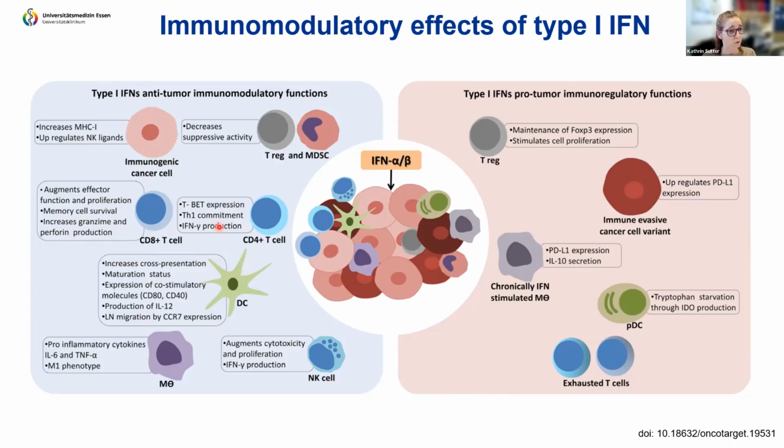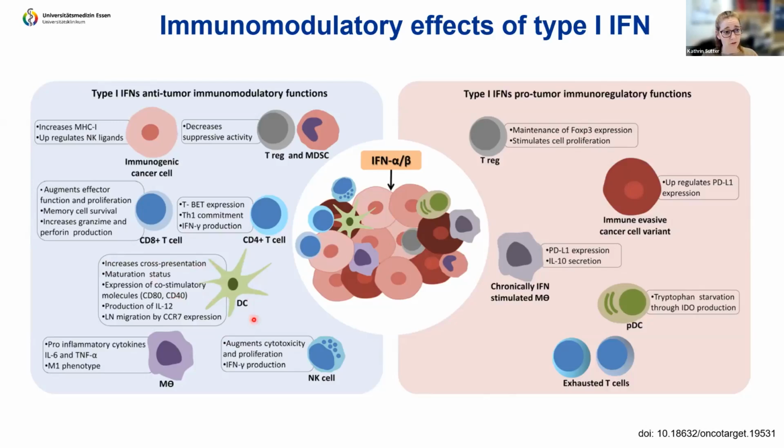They also have an effect on their survival and they increase their cytotoxicity, which maybe Gennady also told you yesterday: granzyme production, perforin production. And also for CD4 T helper cells, type 1 interferons can further induce the production of interferon gamma, which also has a direct antiviral activity. And especially for dendritic cells, which are important to initiate an effective adaptive immune response, so to initiate CD8 T cell responses or CD4 T cell responses, the interferons can increase the cross-presentation and lead to maturation of the dendritic cells.